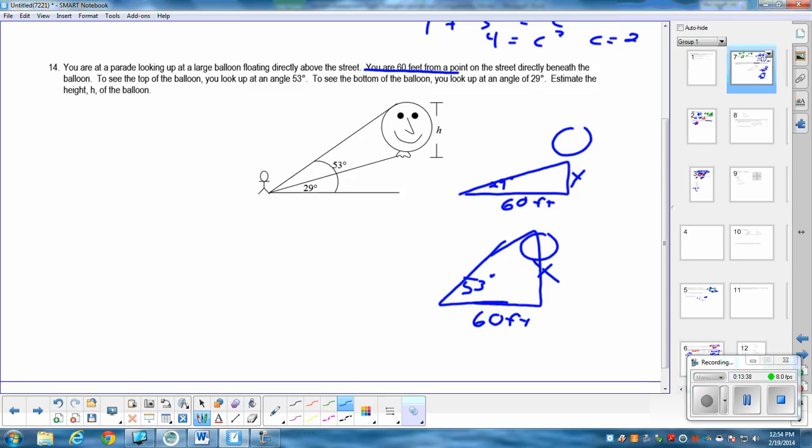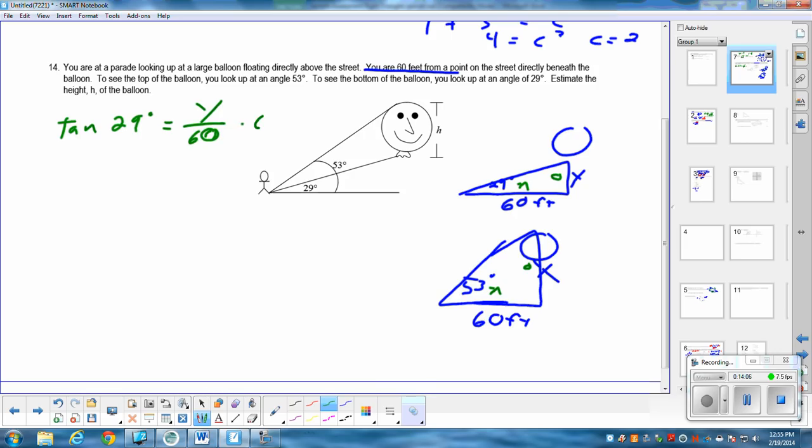So to find y, from the 29-degree angle, we have our opposite. We want to know our opposite, we know our adjacent. Same thing here. So to find y, we are looking for the tangent of 29 degrees equals y over 60.